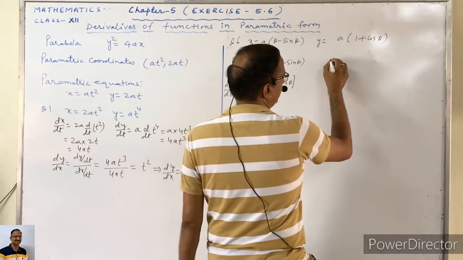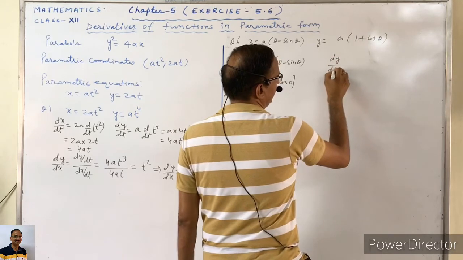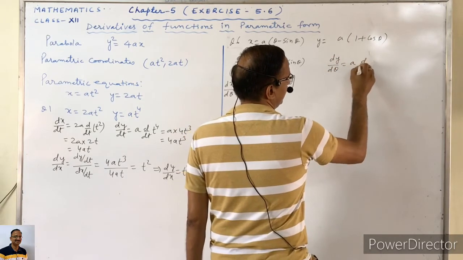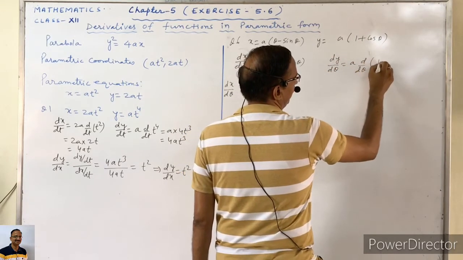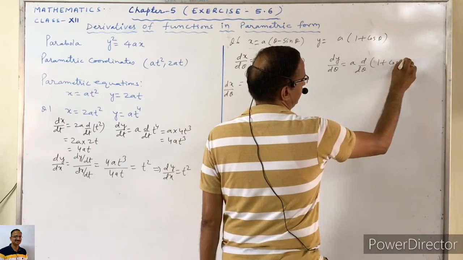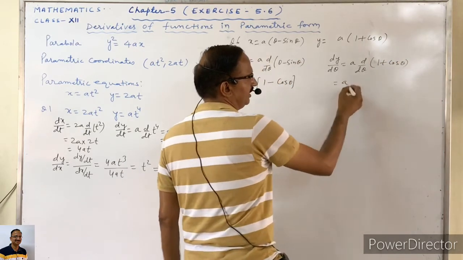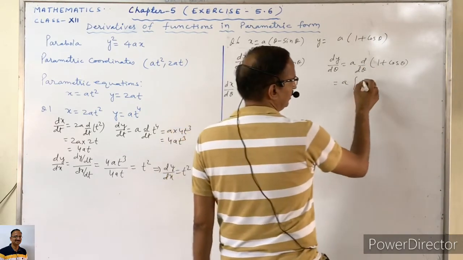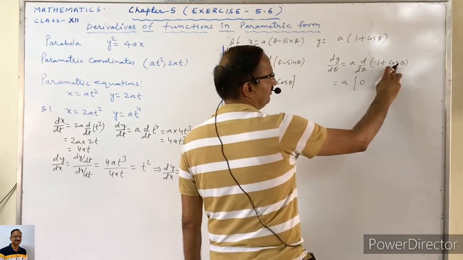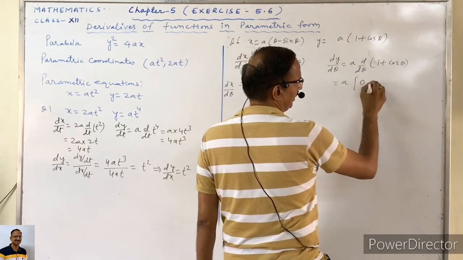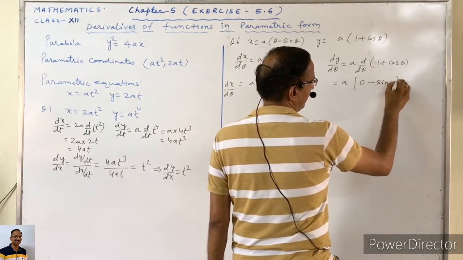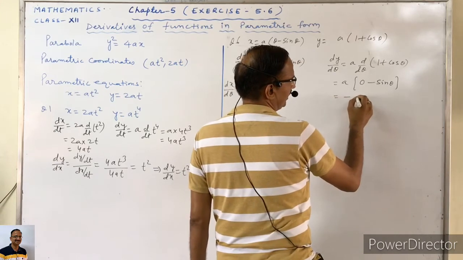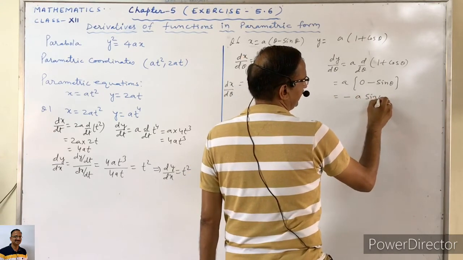Now come to y, dy by d theta, a is constant, d by d theta of 1 plus cos theta. A is constant, derivative of this constant with respect to theta is 0, and derivative of cos theta with respect to theta is minus sine theta. So we will get minus a sine theta.